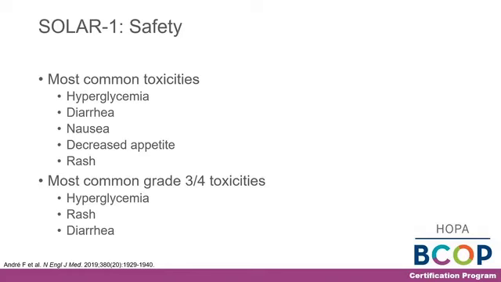And then also the monitoring is much more strict than maybe we're used to with some of these drugs. And so this drug is a little bit different in that sense. The most common grade 3 and 4 toxicities with alpelisib are listed here, and those also include diarrhea, rash, and hyperglycemia.